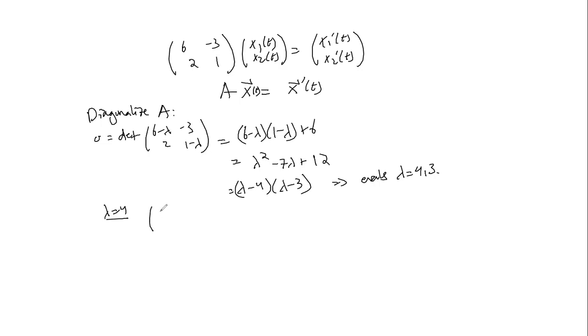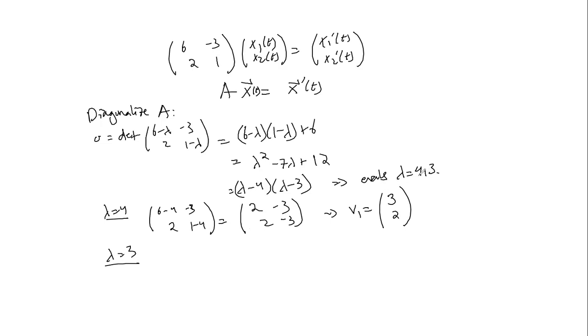We look at [6 minus 4, -3; 2, 1 minus 4], which equals [2, -3; 2, -3]. So we find eigenvectors are (3, 2), for example, or any multiple of this. Lambda equals 3.